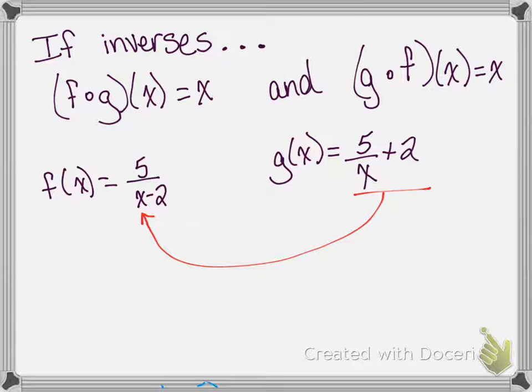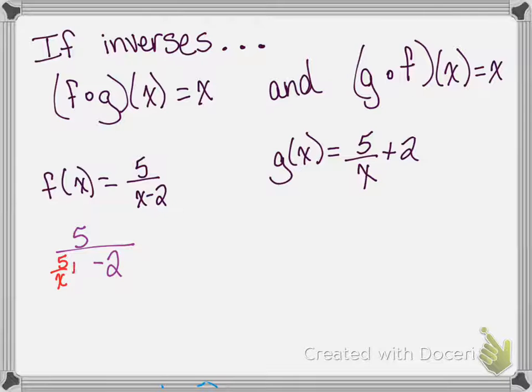So I'm going to plug that into it first. So my f is 5 over this function, 5 over x plus 2. Okay? That's what I've plugged in right there.